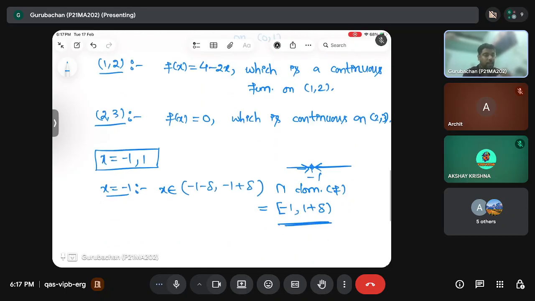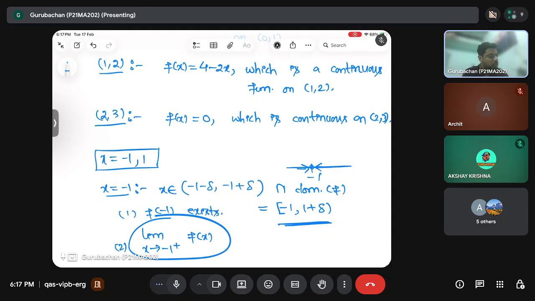So that means we only have to take care about the limit x tends to minus 1 plus f(x). The first condition was f of minus 1 exists.